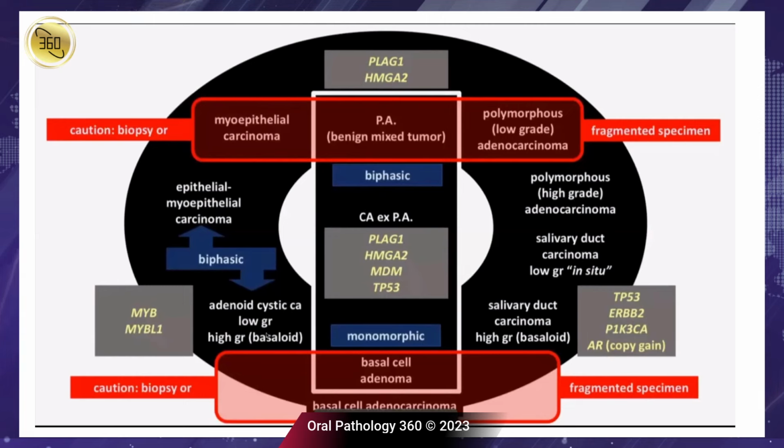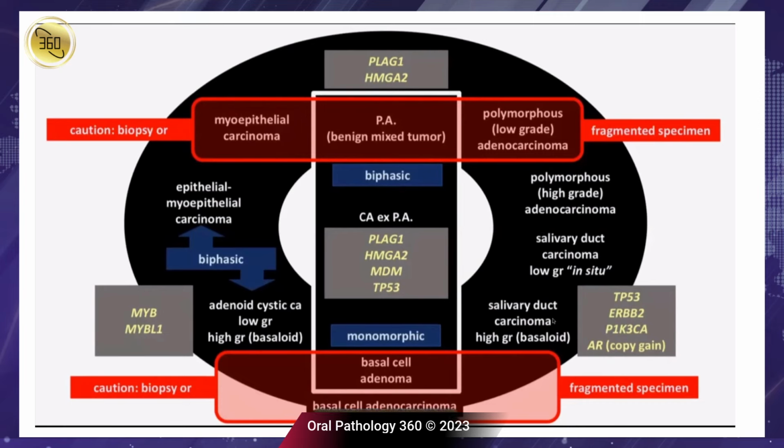We know that adenoid cystic carcinomas have some genetic components with MYB mutations. We know that the whole mixed tumors and carcinoma ex pleomorphic adenomas will have PLAG1 tumors. And then obviously when they start picking up MDM2 and TP53 mutations, we know that those mixed tumors are probably not going to behave like mixed tumors. They're going to behave like carcinoma ex mixed tumors.